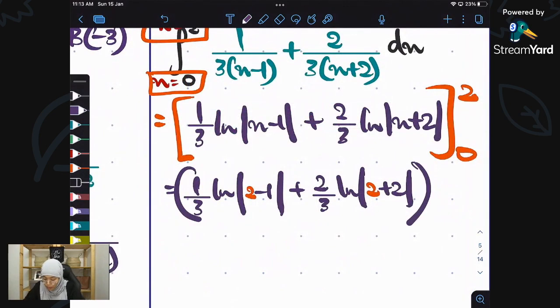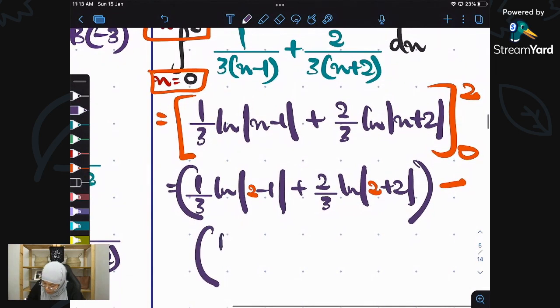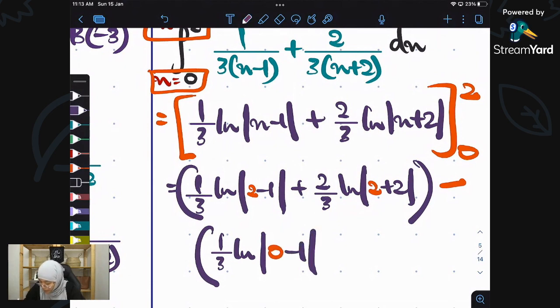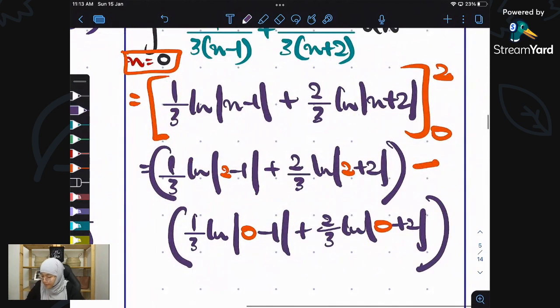Minus with, okay, jangan lupa ya, tolakkan dengan another bracket of 1/3 ln 0 minus 1 plus 2/3 ln 0 plus 2. And then tutup bracket.